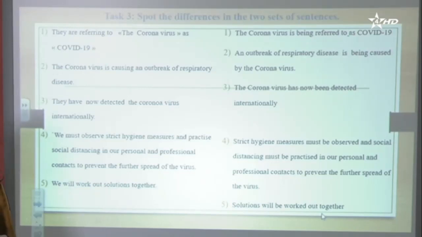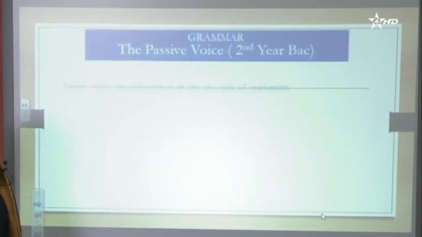The coronavirus is causing an outbreak of respiratory disease. An outbreak of respiratory disease is being caused by coronavirus. What differences can you spot between the two? Any idea? Shall we go to it sentence by sentence? Let's go.